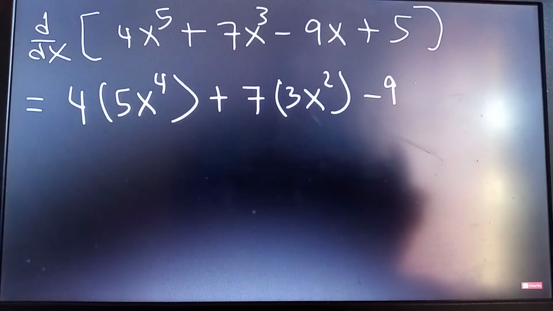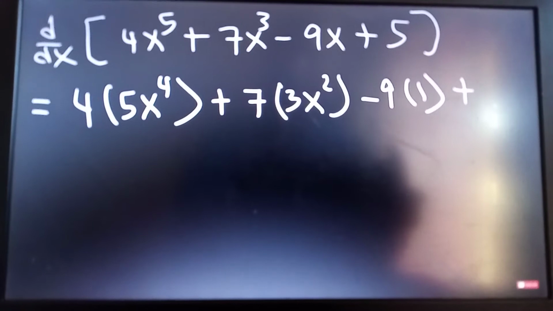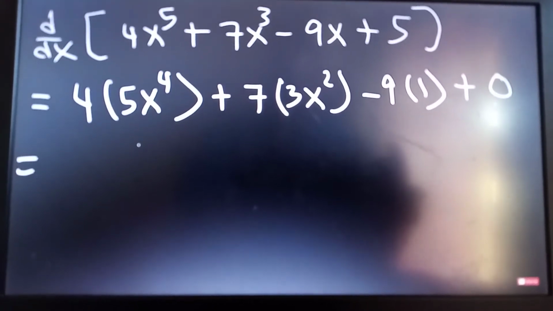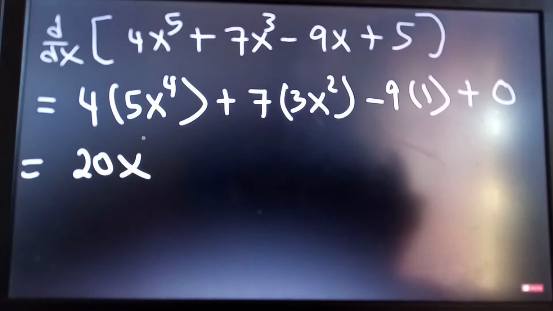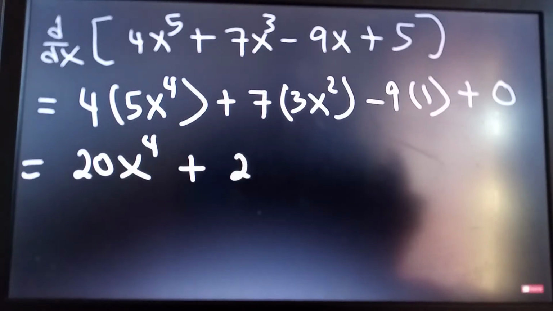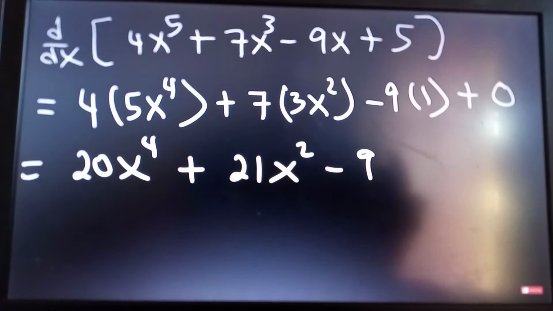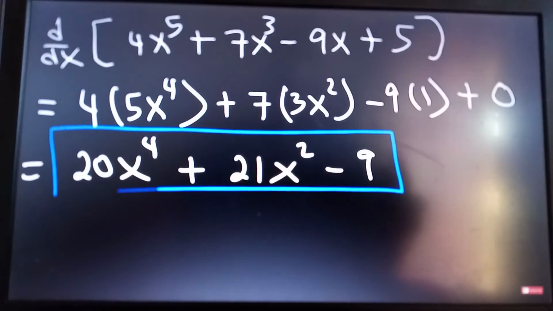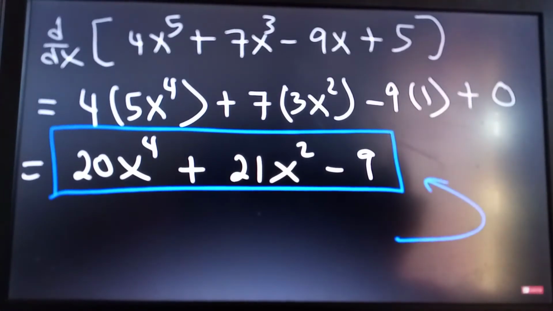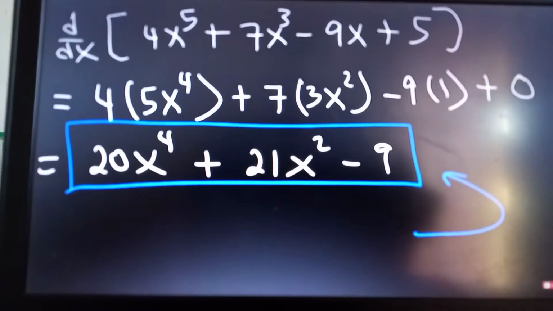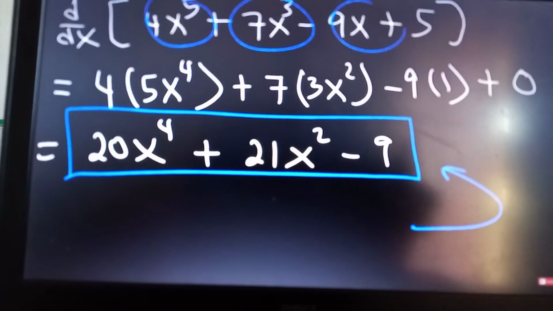And the derivative of x is 1. The derivative of a constant is 0. So 4 times 5 is 20. 7 times 3 is 21. And this is going to be it. So it's 20x to the 4th plus 21x squared minus 9. So you just have to differentiate each term separately.